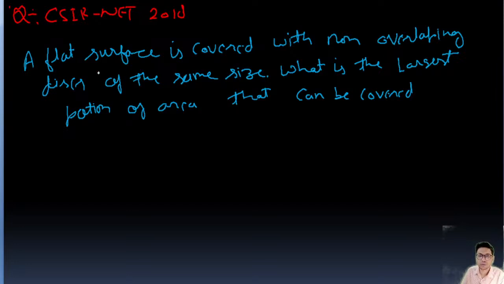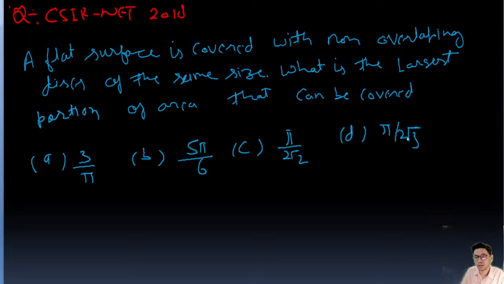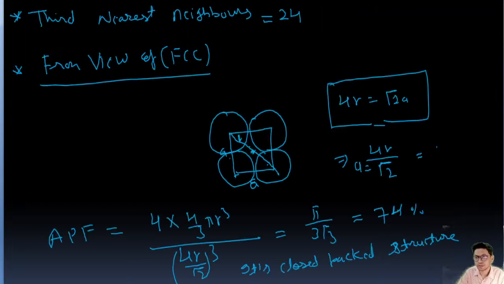Okay, so this is the question. A flat surface is covered with non-overlapping discs of the same size. What is the largest portion of the area that can be covered? These are the options. I'll solve it, just wait.